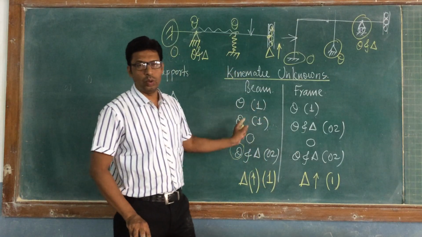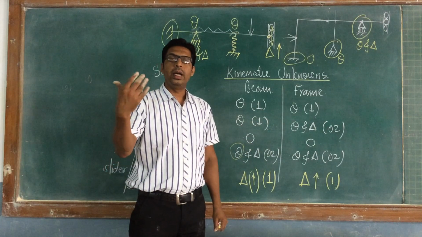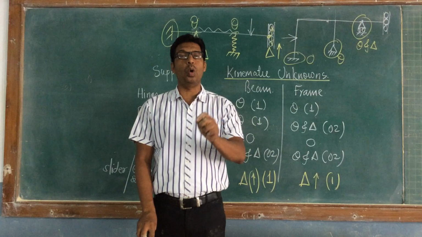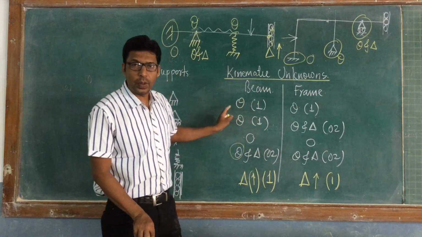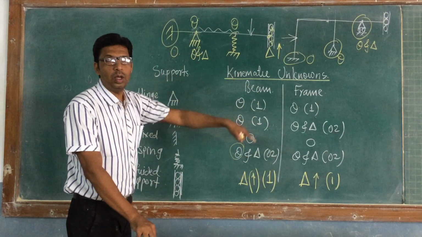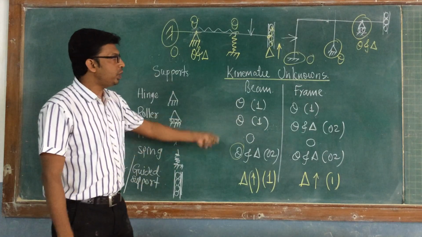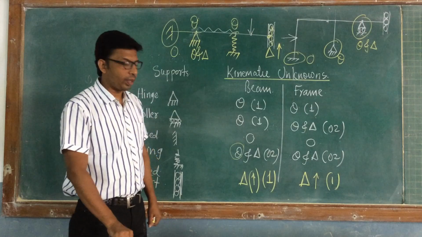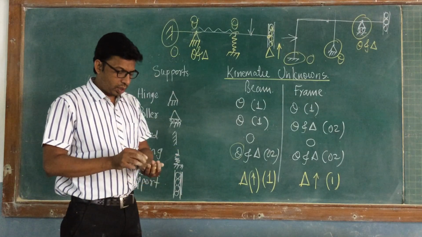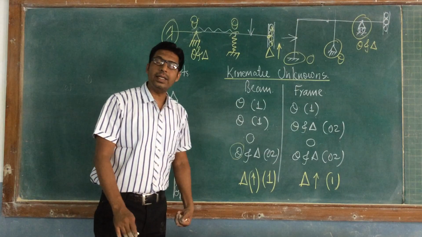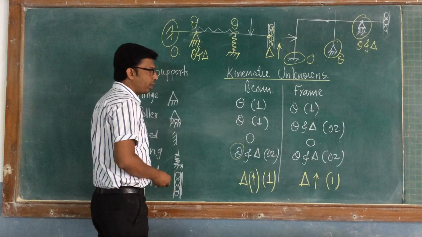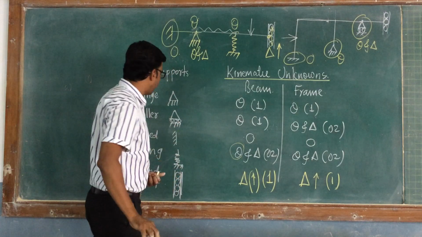Understand the kinematic unknowns. If a question is asked to calculate the kinematic indeterminacy of the structure, you must know at which point, at various supports, how many kinematic unknowns there are, and use these values to calculate the kinematic indeterminacy of the structure. There is one more support which is called an internal hinge.